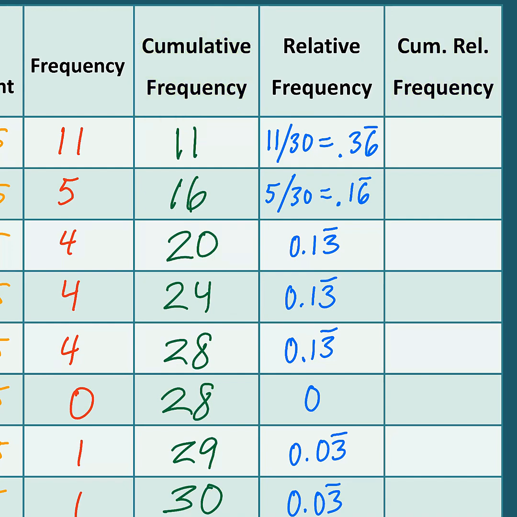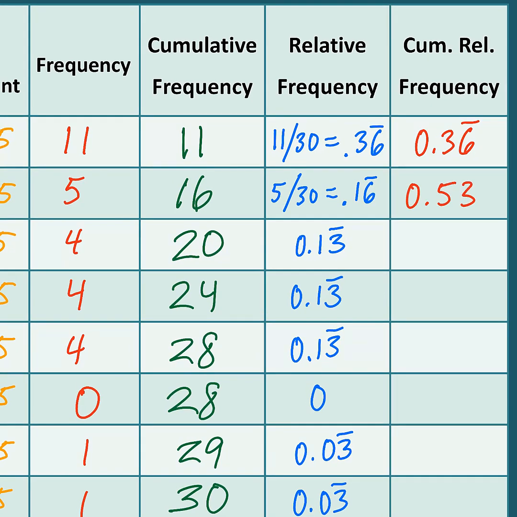So my first cumulative relative frequency will be 0.36, where I put a bar over the 6. The second cumulative relative frequency adds up the first 2 decimals, in which I get 0.53. The third cumulative relative frequency adds up the first 3 decimals, for which I get 0.66.